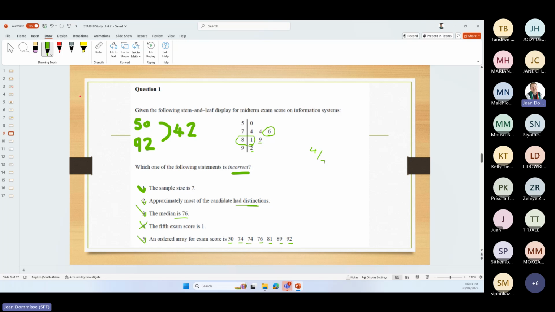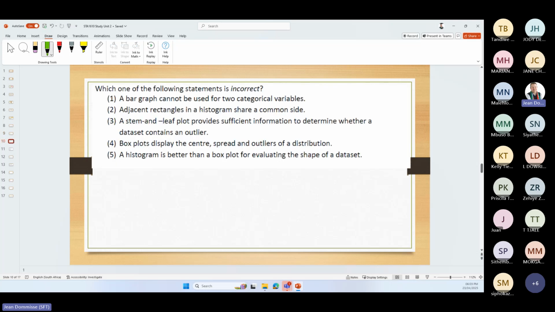So I have a nice table that I will introduce in the next study unit that summarizes those things quite nicely. Okay, so that is the first one, looking at stem and leaf. So let's look at another question.